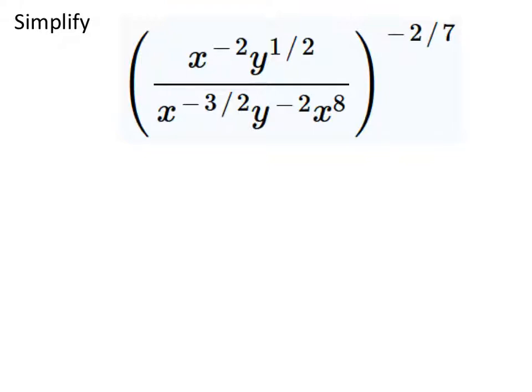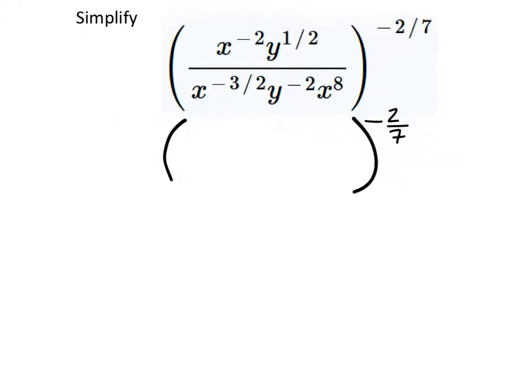All right, student's choice. Let's simplify the inside first. Actually, let's see if we even need that. So let's focus on the x's first, right? And again, the order is not going to matter there, but I've got x to the power of negative 2 over x to the power of negative 3/2. And then I also got that x to the power of 8 over there.